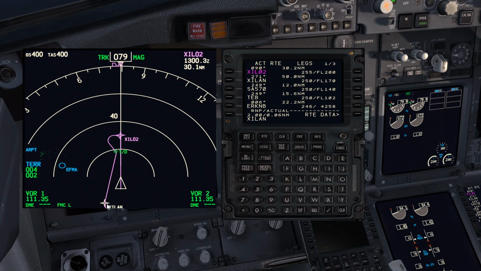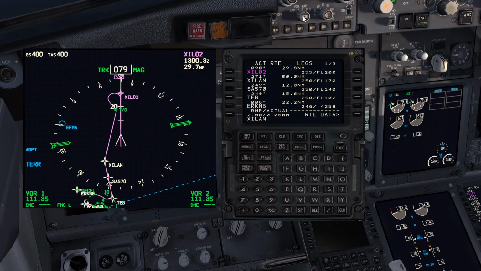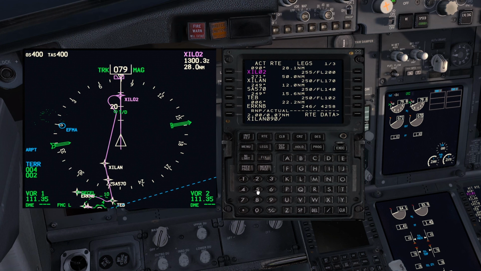Here is Sealand on the ND. You check, for example, in what direction you want to create the waypoint. As you see, I have already created a waypoint here. It's called Sealand 02 and I put just 090, that's the radial, slash the distance. So I put in 50, that's the distance, and then you put it here.